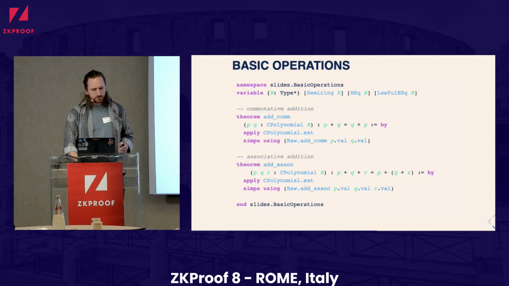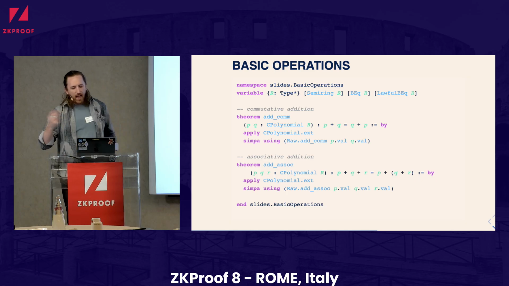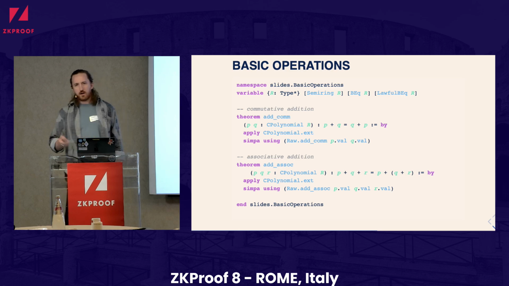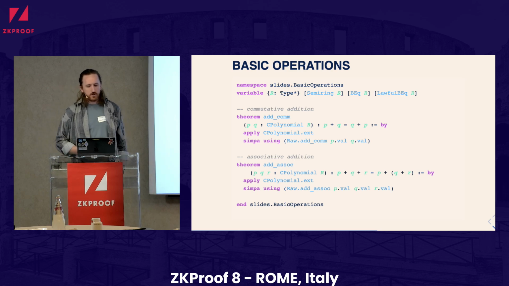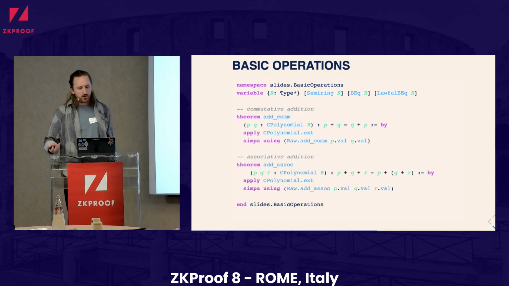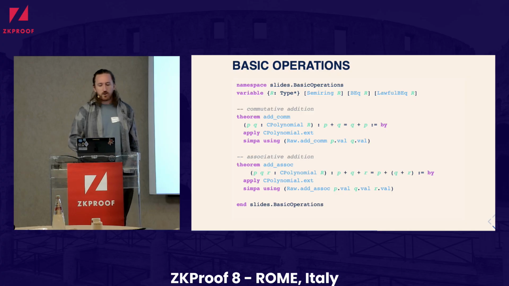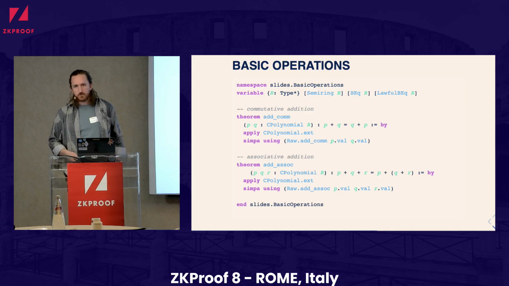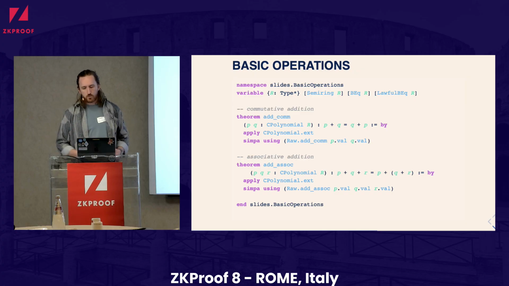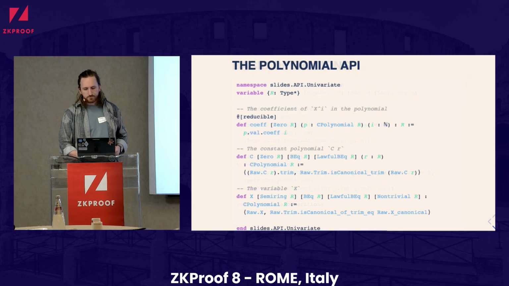and we have definitions for everything in the relevant theorems. So for example, in the univariate case, we have an add operation, which is exactly what you think it is. And then we have these theorems that show that as long as your polynomial coefficients are all in a semiring, then your addition is commutative and associative. And we go further with the multiplication to prove all of the ring laws.